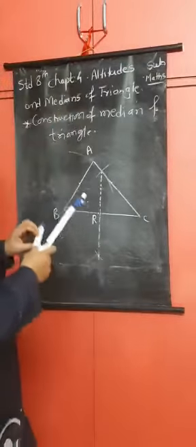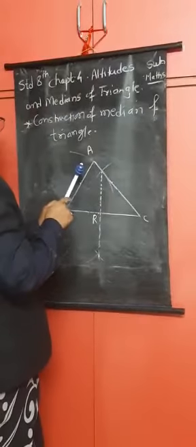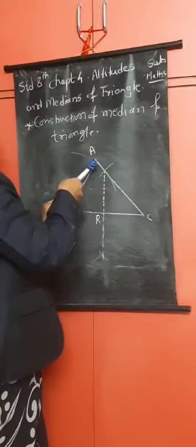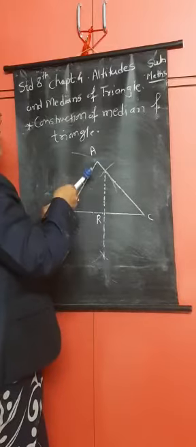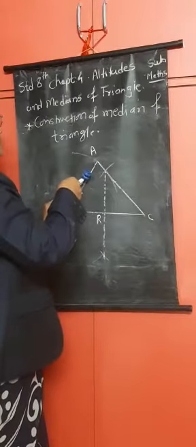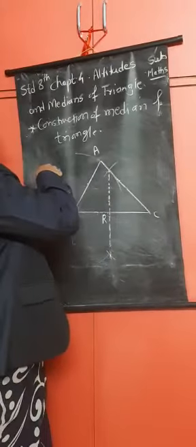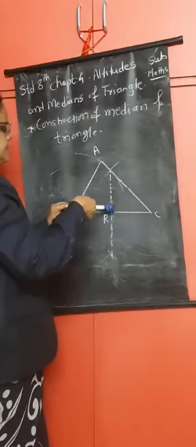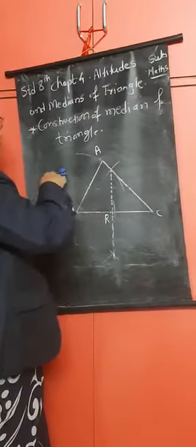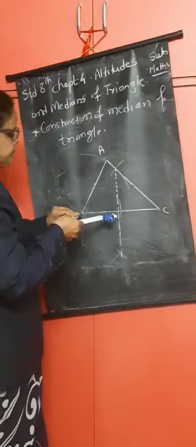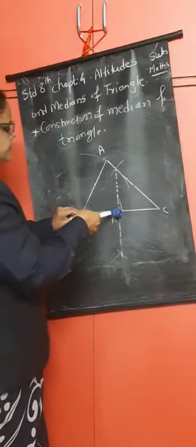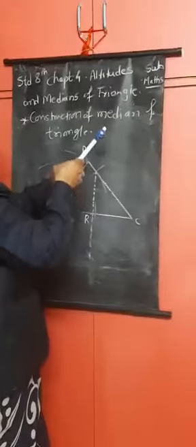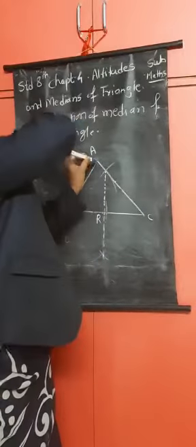Same procedure, we find the midpoint of AB. Take a distance more than half in the compass. Then, without changing the distance, make an arc.